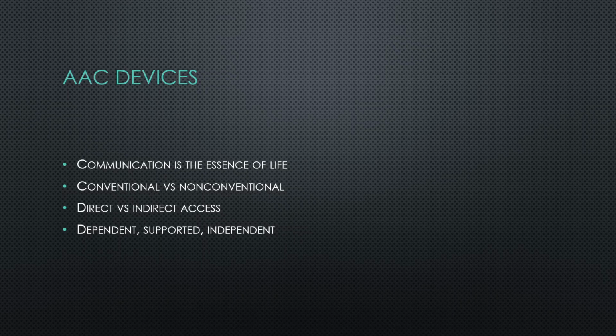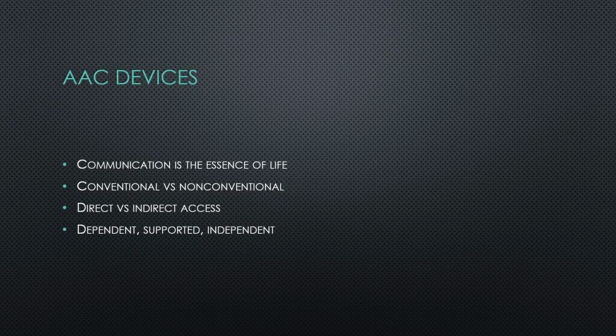Direct versus indirect access we talked about really quickly right at the end of AAC devices. Direct access is when you can directly access what it is you're trying to do. Typing letters on a keyboard is direct access. Or if you're using eye gaze like Stephen Hawking, if he's typing something out, that's direct access.